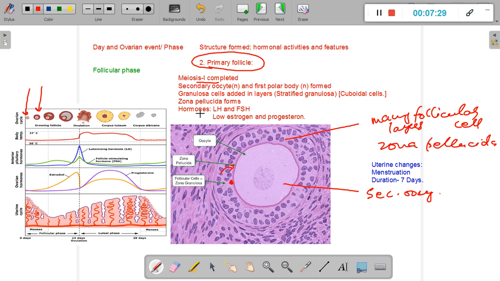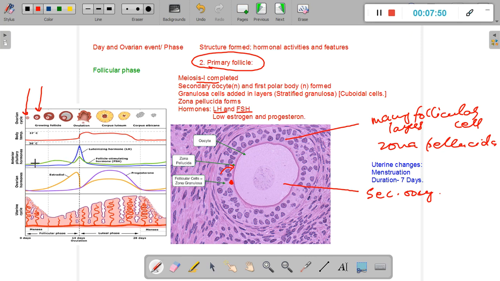Now is there something else that we are forgetting? No. So the hormones, luteinizing hormone and FSH, have done this here. Now at this moment, let us look at the graph here for the hormones. The blue line is the luteinizing hormone that has been secreted by the brain.